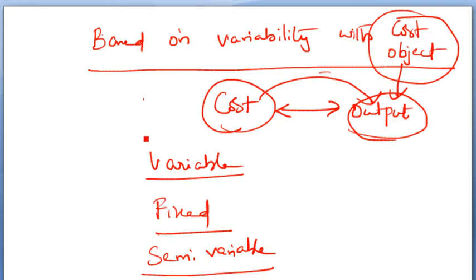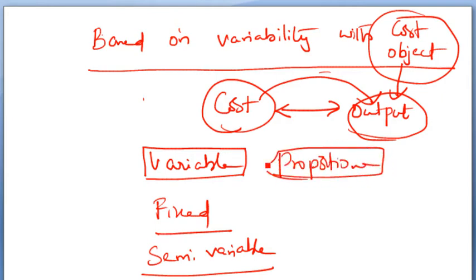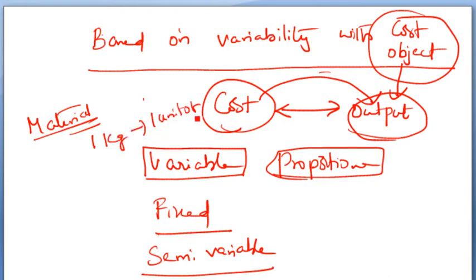Now what is variable cost? It's pretty simple. Any cost that varies proportionately along with the output, we call variable cost. The keyword here is proportionately. There are many examples. Let's say material cost. For example, you need one kg of raw material to manufacture 1 unit of finished good.